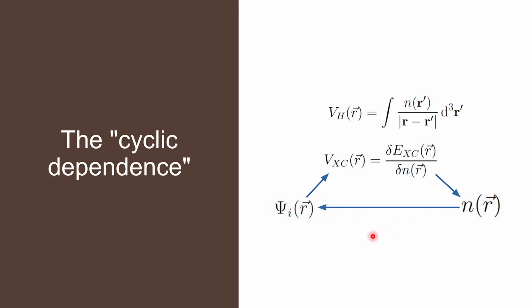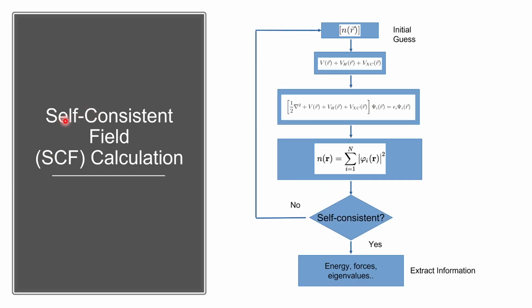So we need to find this first, but of course to find the potential we need to find the electron density, from the Schrödinger equation describing the system. So it's quite cyclic. So what we should do here now is to have this self-consistent field calculation, or the SCF calculation.